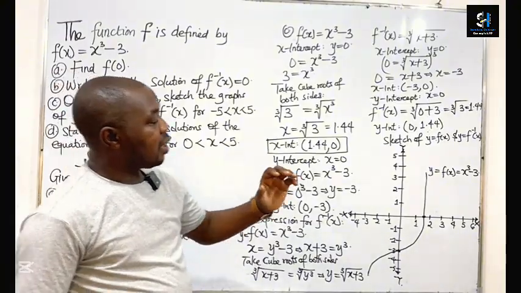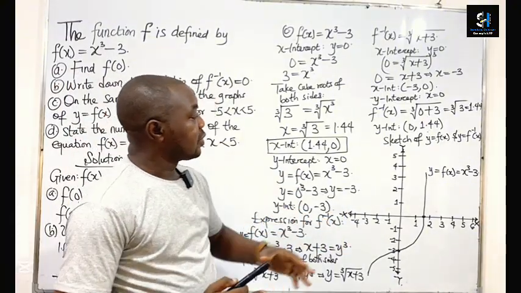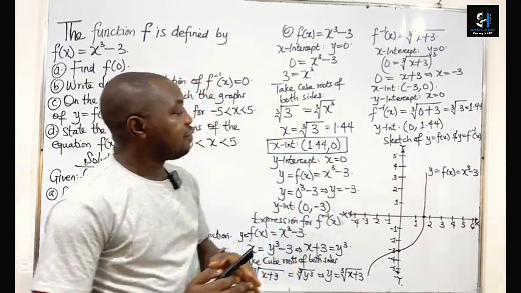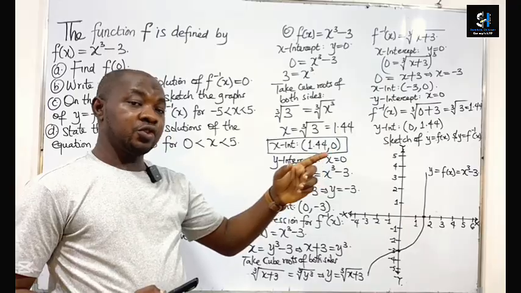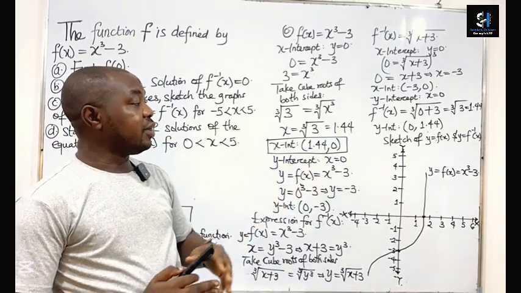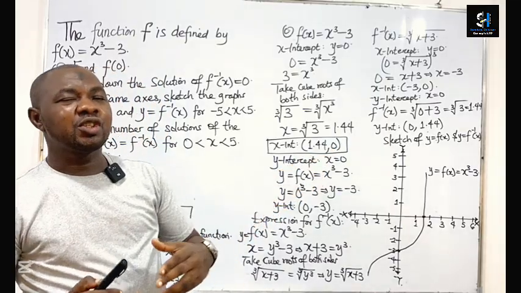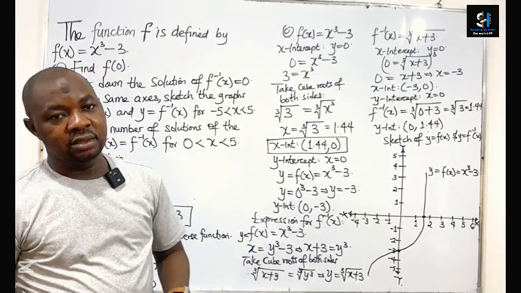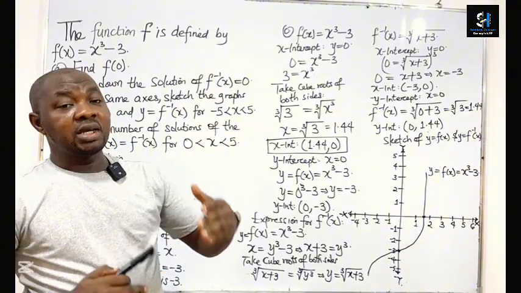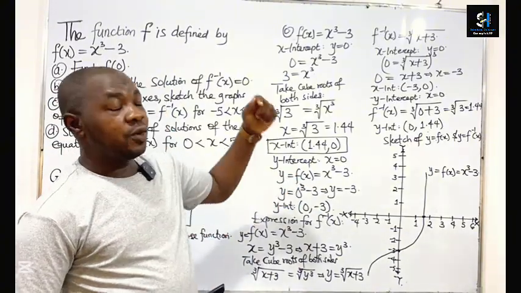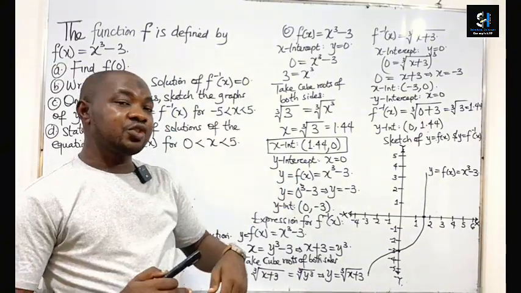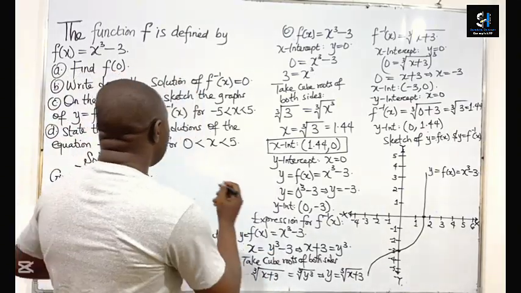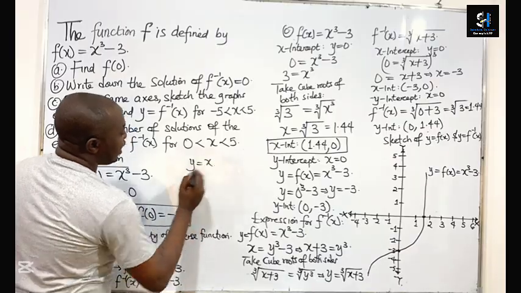Now, one thing about a function is that the graph of the inverse function is a reflection of its original function over the diagonal line in this case. Or we can say the graph of the inverse of a function is a reflection of the original function over the line where y equals x.